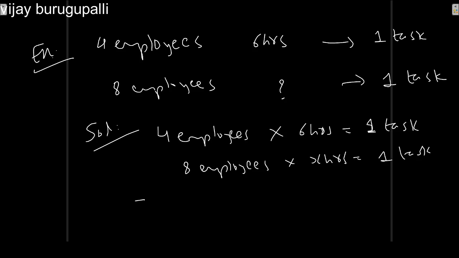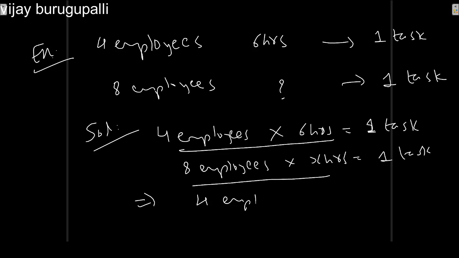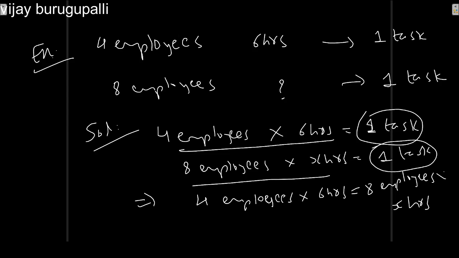Now if we use these two equations, we can write that 4 employees into 6 hours is equal to 8 employees into x hours, because the work done in both the cases is the same, so we can equate the two conditions. 4 employees, that means 4 into 6 is equal to 8 into x.